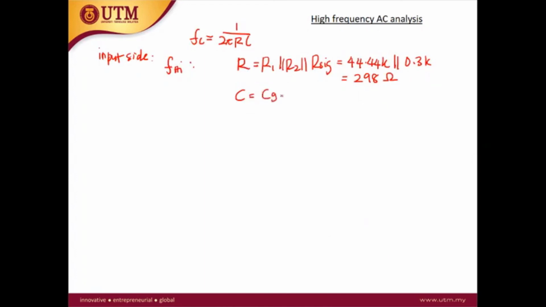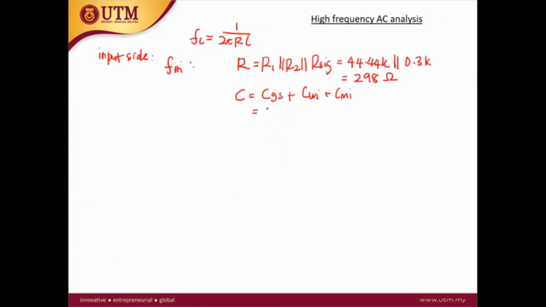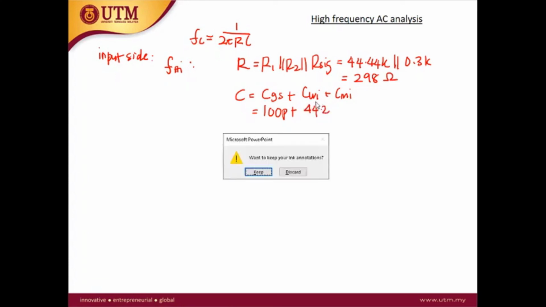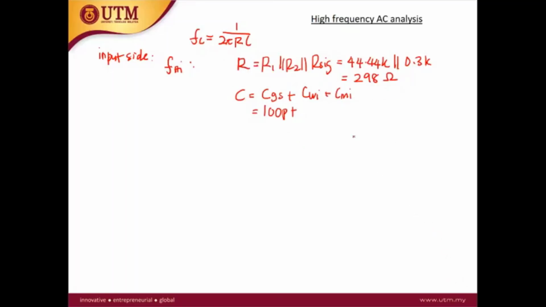So for the parallel capacitance, you need to sum up all the values. This is your CGS plus CWI plus CMI. CGS is given as 100 picofarad. CWI is actually 5 picofarad. CMI is 44.2 pico.